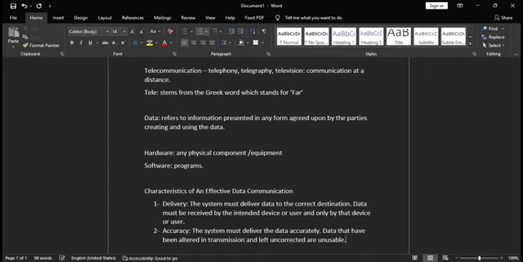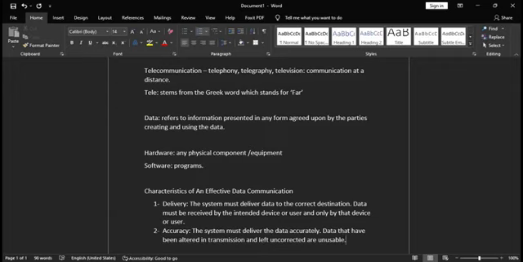So basically what we are trying to say here is that if there is an alteration in whatever data is being transmitted, then that data is going to be unusable, unless it is corrected before transmission.